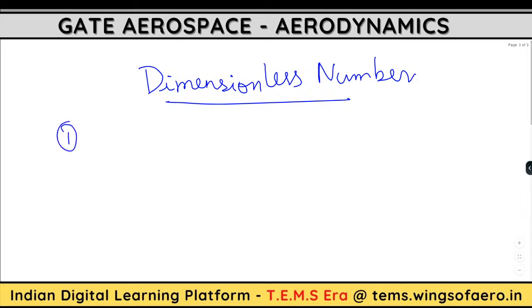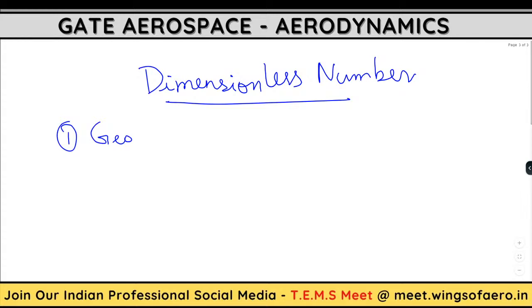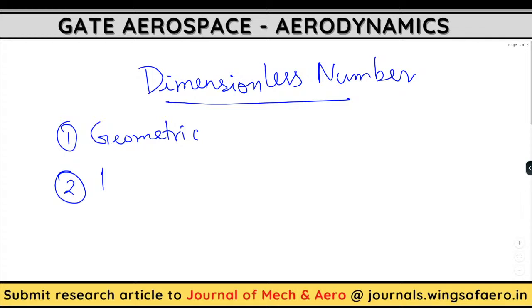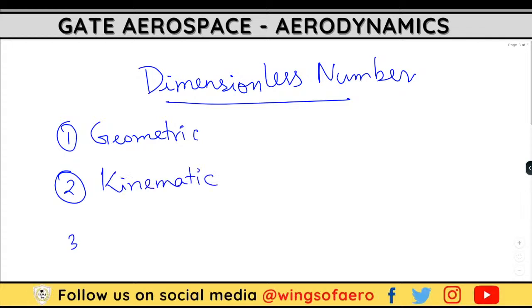There are three forms. First one is geometric, second is kinematic, and third one is the dynamic quantities.